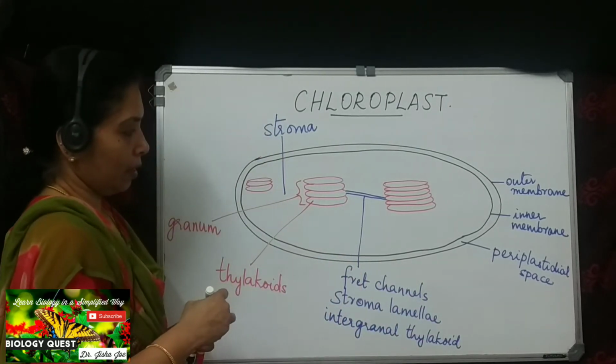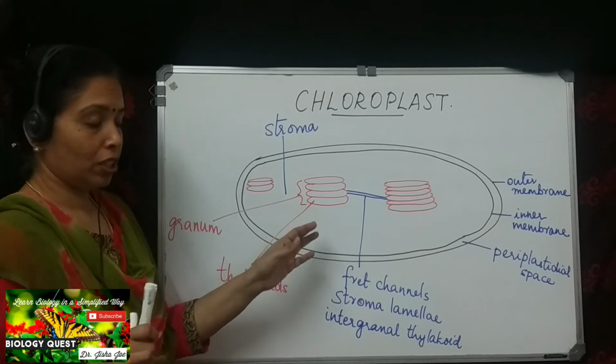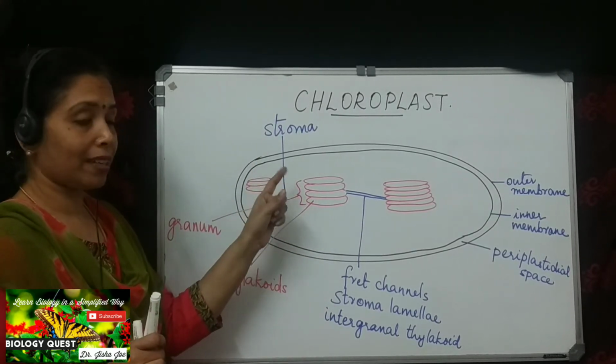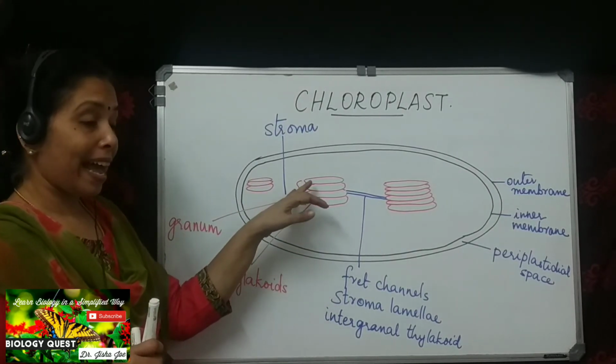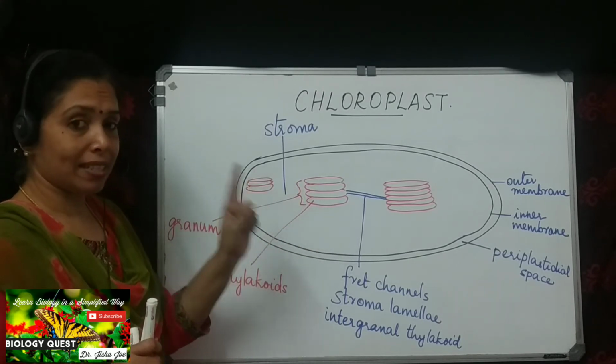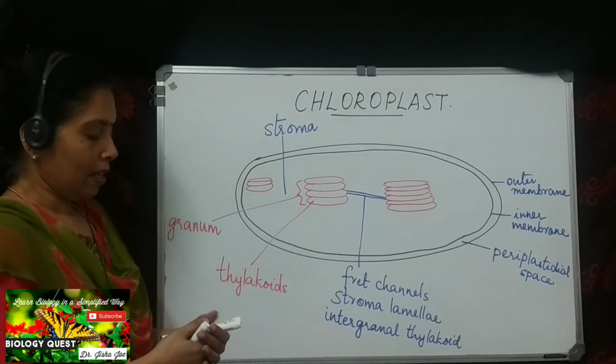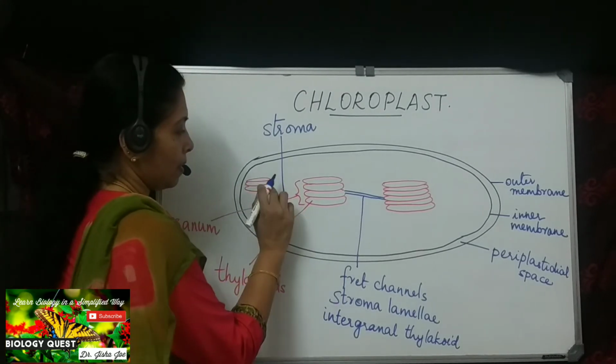Okay, so as I have mentioned earlier, inside the stroma there are sac-like structures. Each sac-like structure is called a thylakoid. This is another granum.